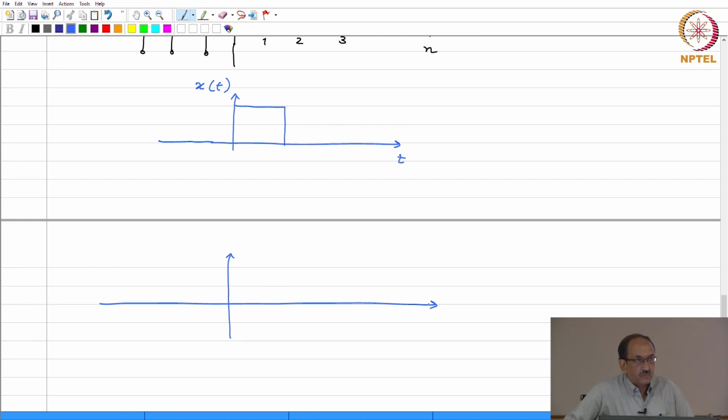This is x of t plus x of minus t by 2, that is the even part.